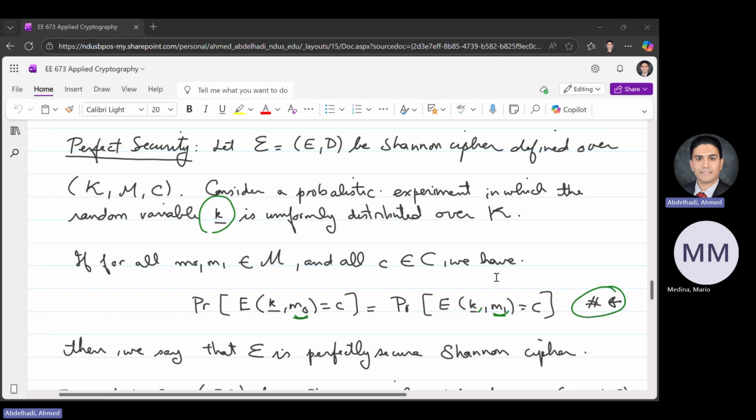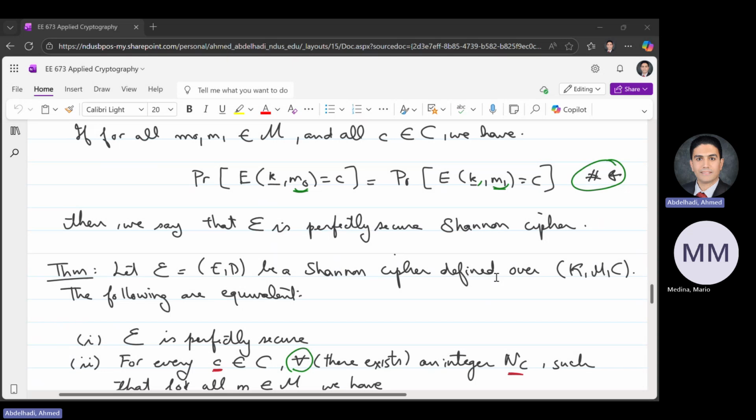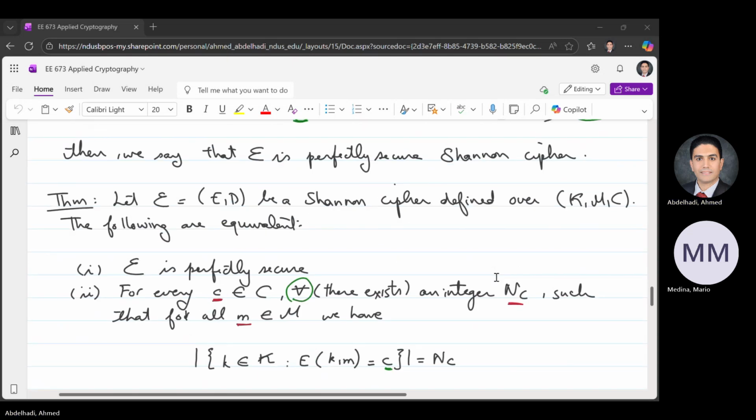So you encrypt message m0 and get an encrypted text, ciphertext, which is c. It's basically not going to be distinguishable from if you encrypted m1 and get the same c. Then we say this is a perfectly secure cipher.